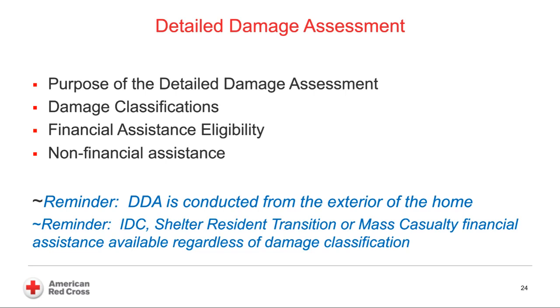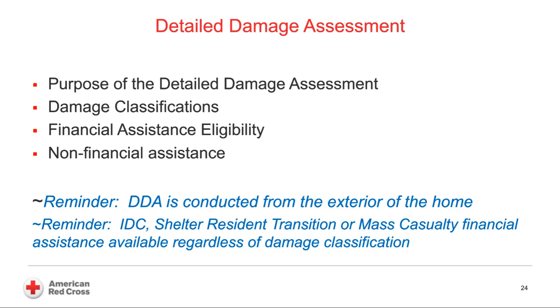It may be shelter until they can get back into their residence, or they may have other services such as transportation needs if they have to relocate somewhere else. So again, the detailed damage assessment consists of 6 classifications, and those are destroyed, major, uninhabitable, minor, affected, and no visible damage.